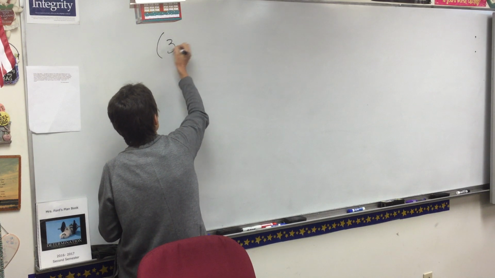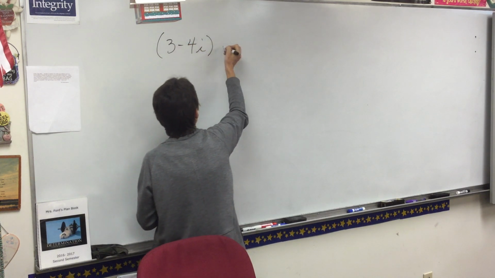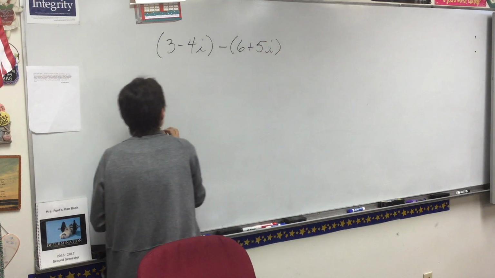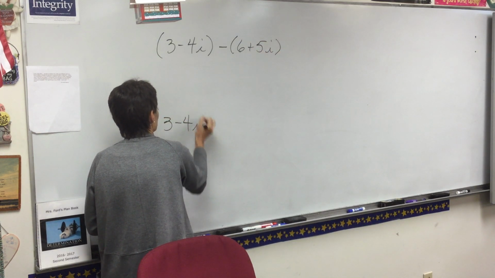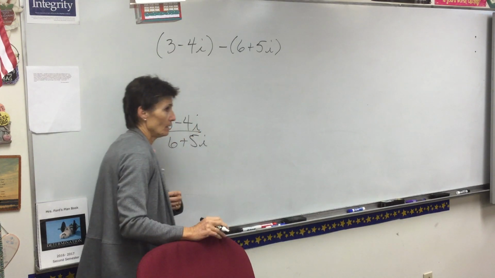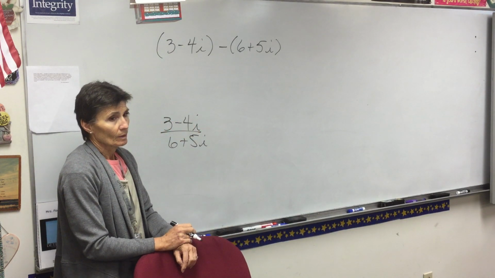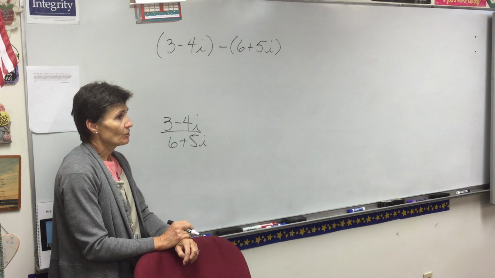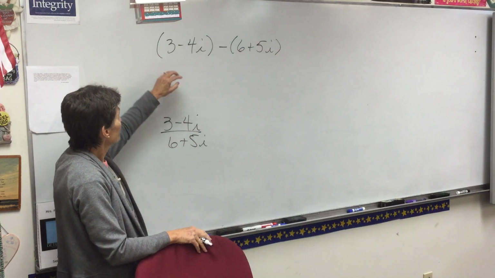So let's do a couple of these. We have this kind of problem, and then we have this kind of problem. All right? So, here we go. Come on, let's listen. You'll get a chance to ask your questions too. Here we go.